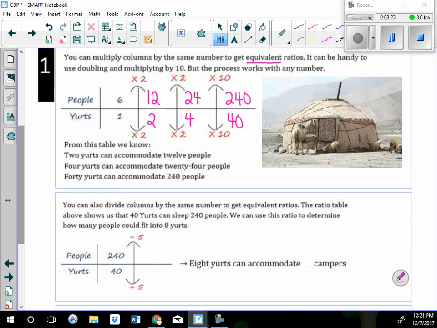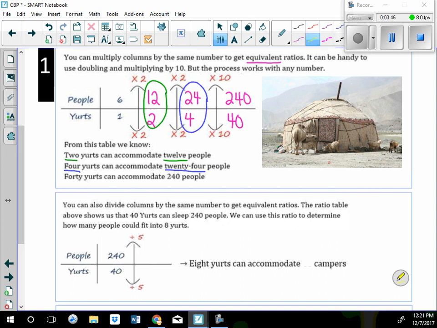Okay, so from this table we know that 2 yurts can accommodate 12 people. I also know that 4 yurts can accommodate 24 people.